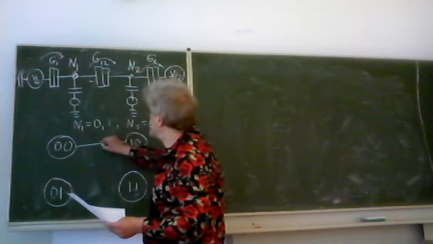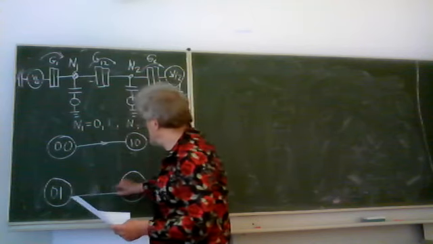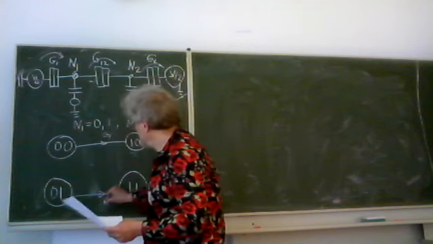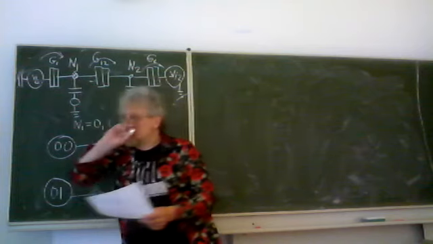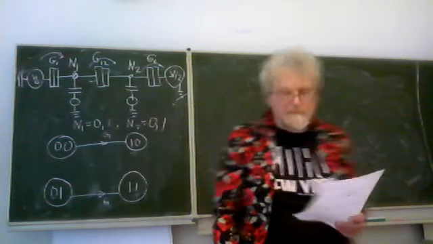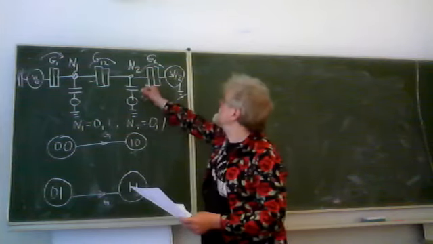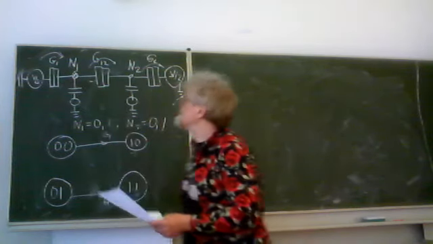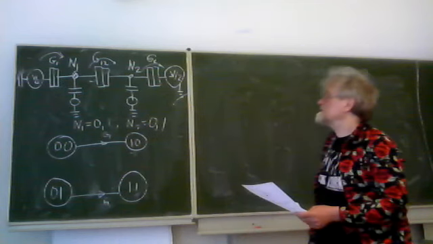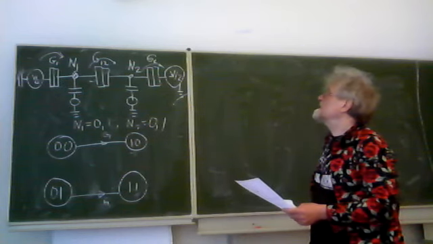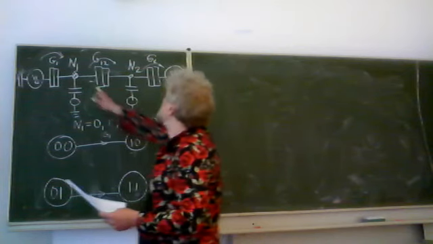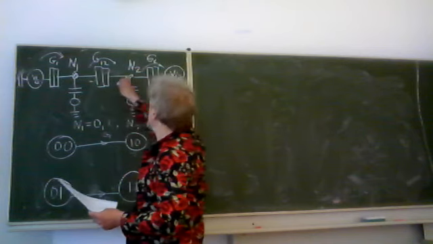So there is a rate of this process. Let me call it gamma 1, indicating which junction we have in mind. The rates in these 2 states can be different because an electron here might block this transfer a bit. Fine, gamma 12, basically you transfer an electron from here to here.